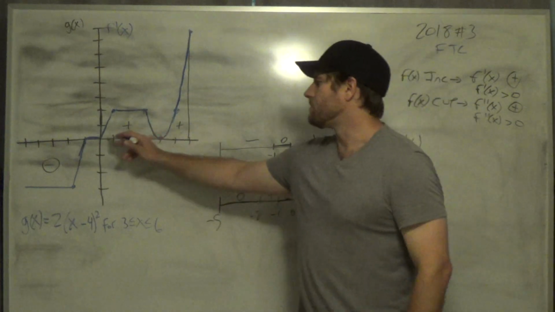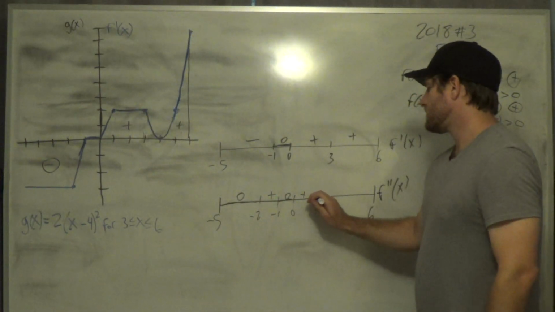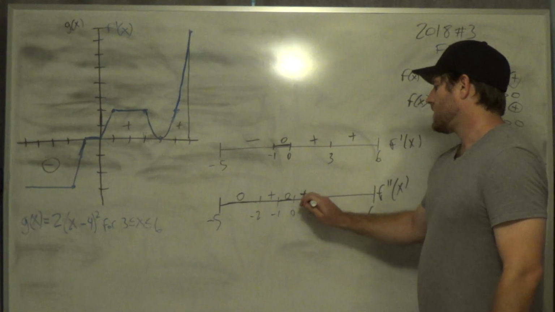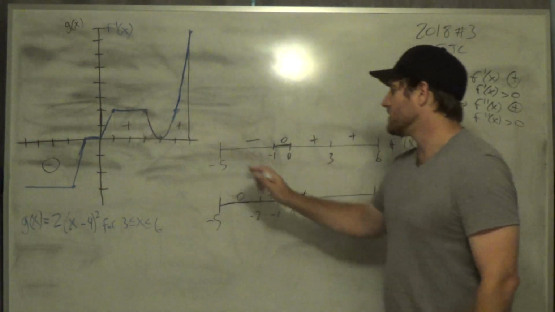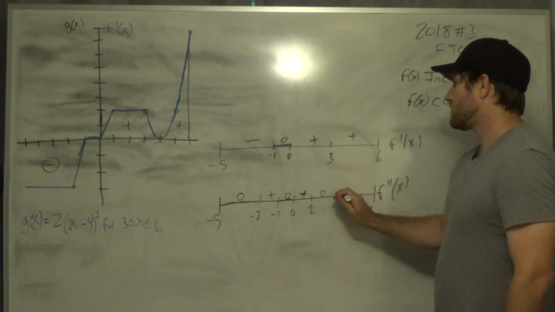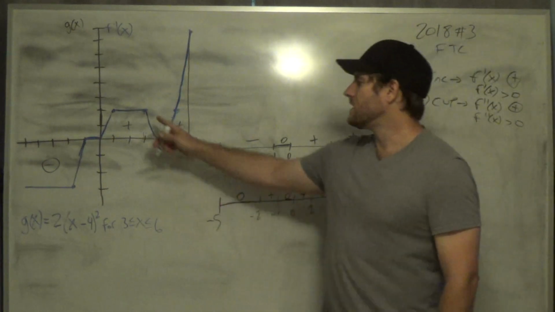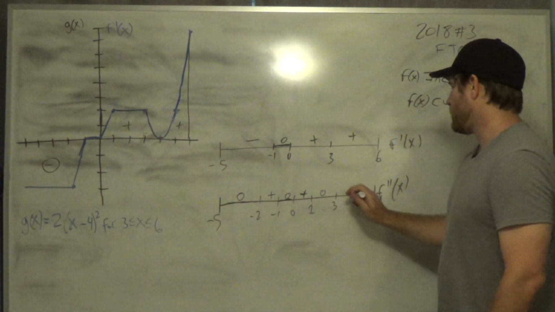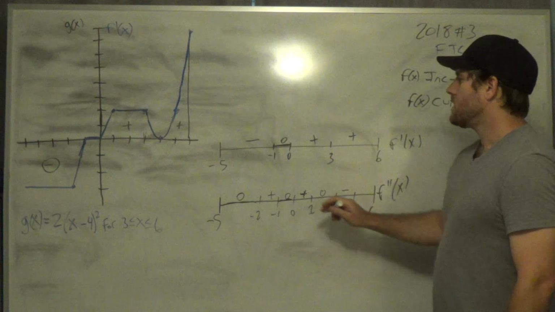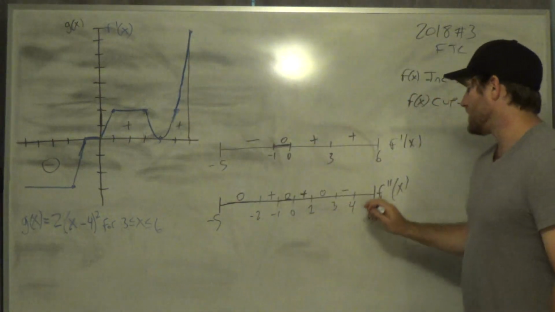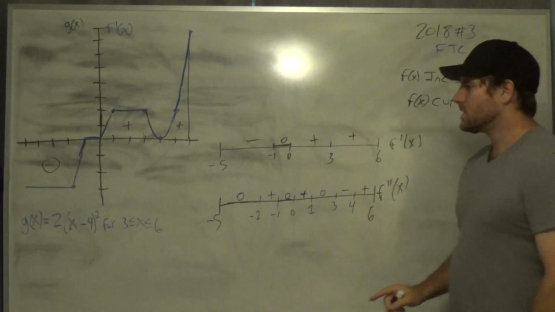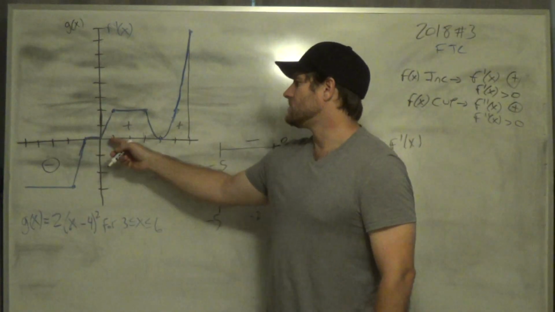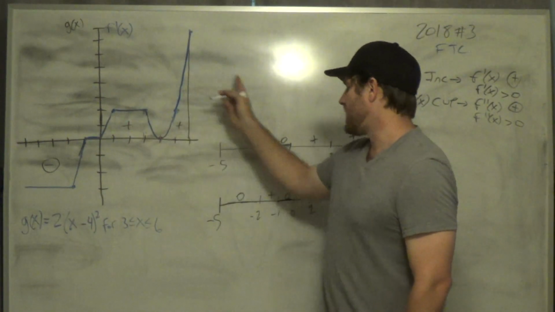Okay? And then a positive slope until I get to 1. And then again, a slope of 0 until I get to 3. And then a negative slope until I get to 4. And then a positive slope until I get to 6. So I looked at the slopes: 0, positive, 0, positive, 0, negative, positive.